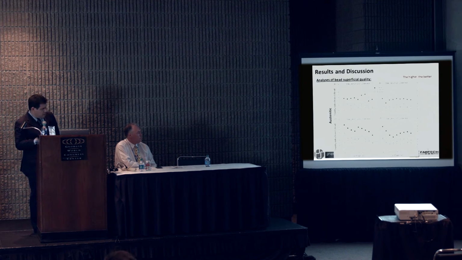Here for small detailed values, here's for austenitic. Austenitic presented a very uniform weld bead over the voltage. We couldn't see much difference, both when you analyze the bead width, the reinforcement, and the overall feature of the weld bead. But for the duplex, yes, again, it correlated with the index that we have proposed.